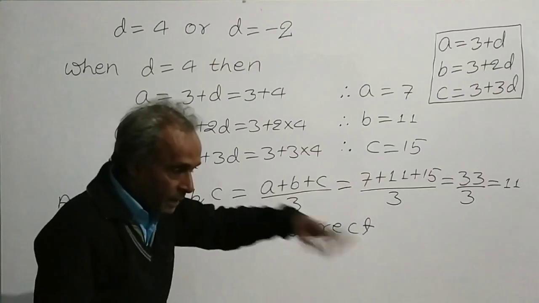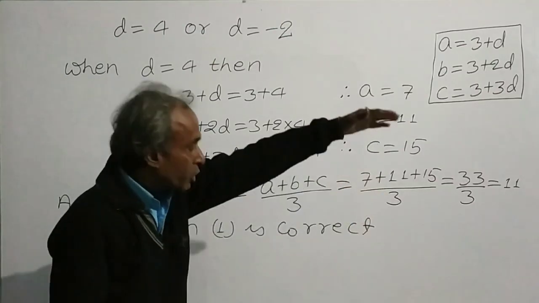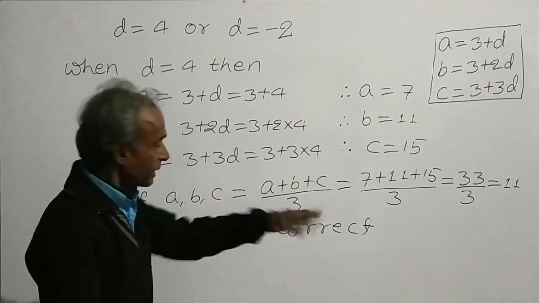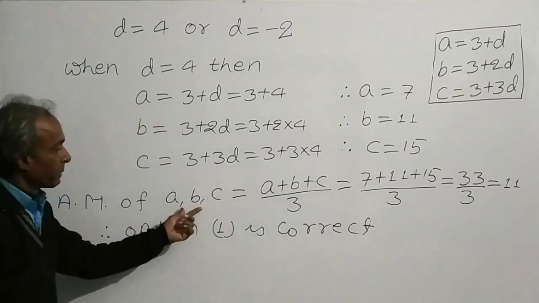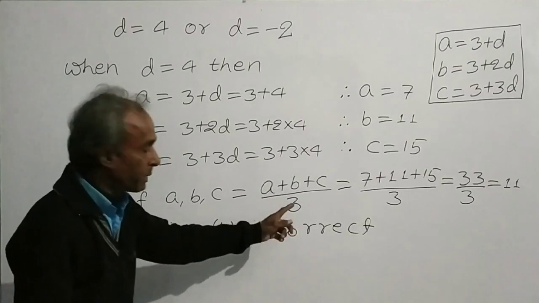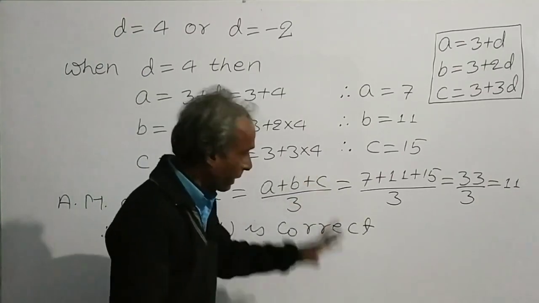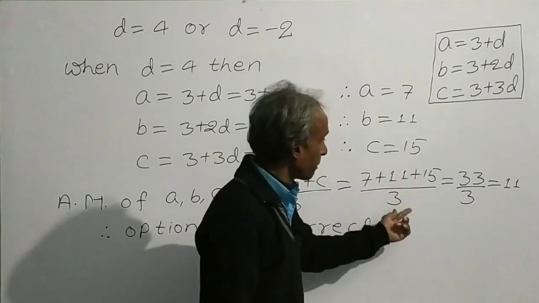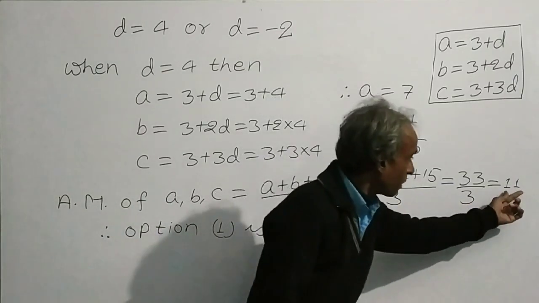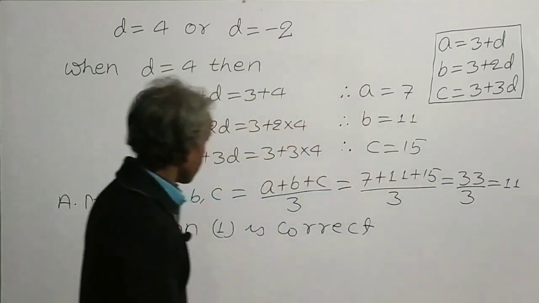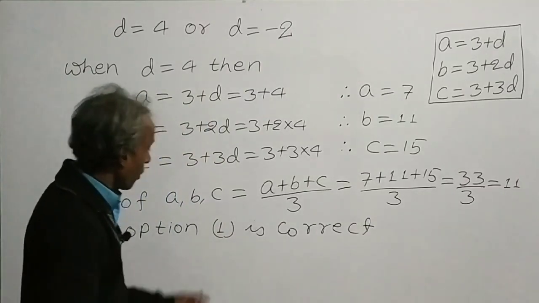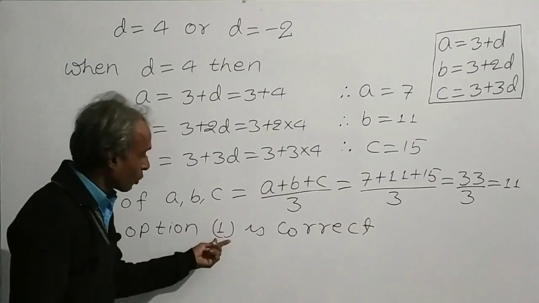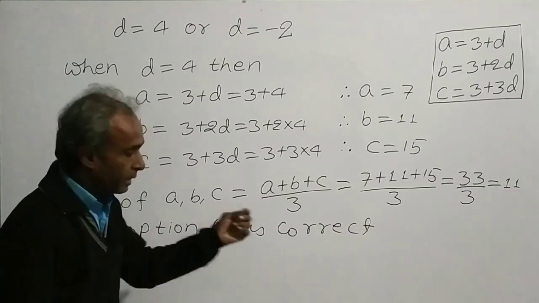The arithmetic mean of 5 numbers is equal to the sum of those 5 numbers by 5. In this way, the arithmetic mean of A, B, C will be equal to A plus B plus C by 3. That means 7 plus 11 plus 15 by 3. This will be equal to 11. And in option 1, 11 is given. Therefore, option 1 will be the correct option.